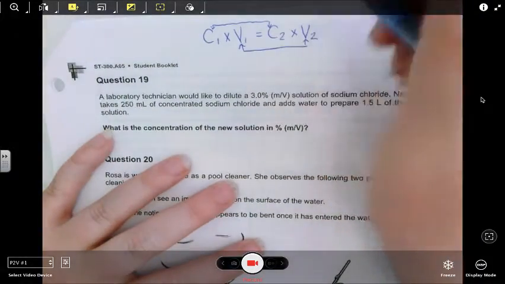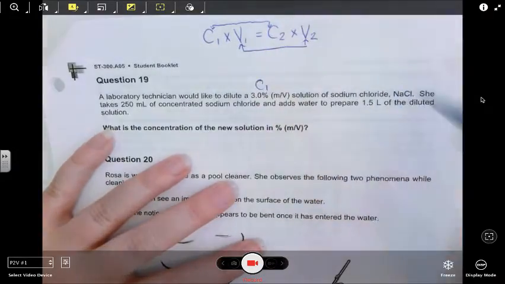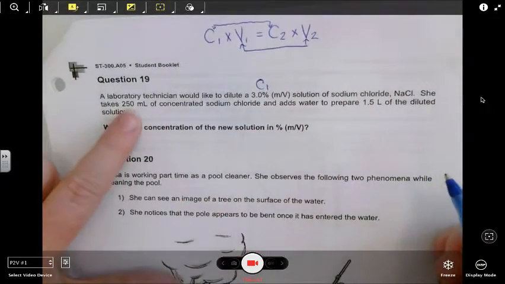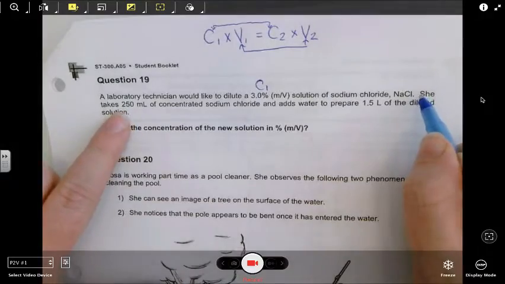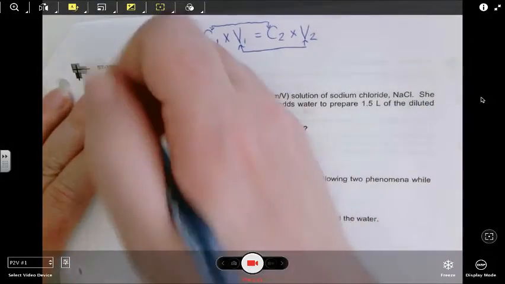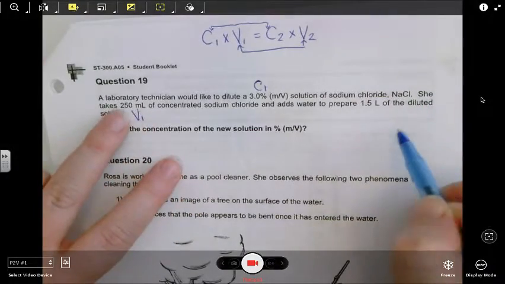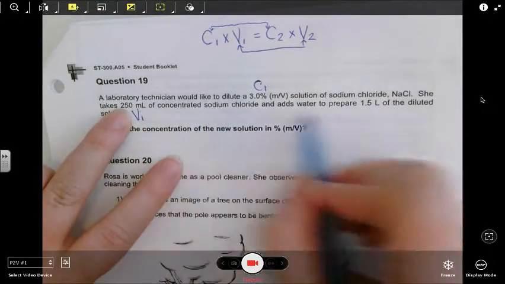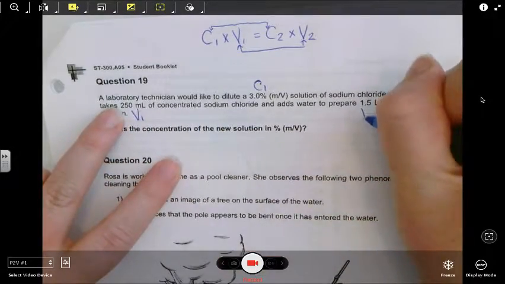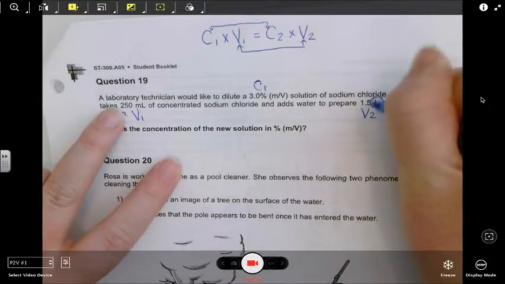So our C1 is going to be the 3%. We start out with 250 milliliters, so this is going to be our V1. We also have our V2 here, but the unit is different.